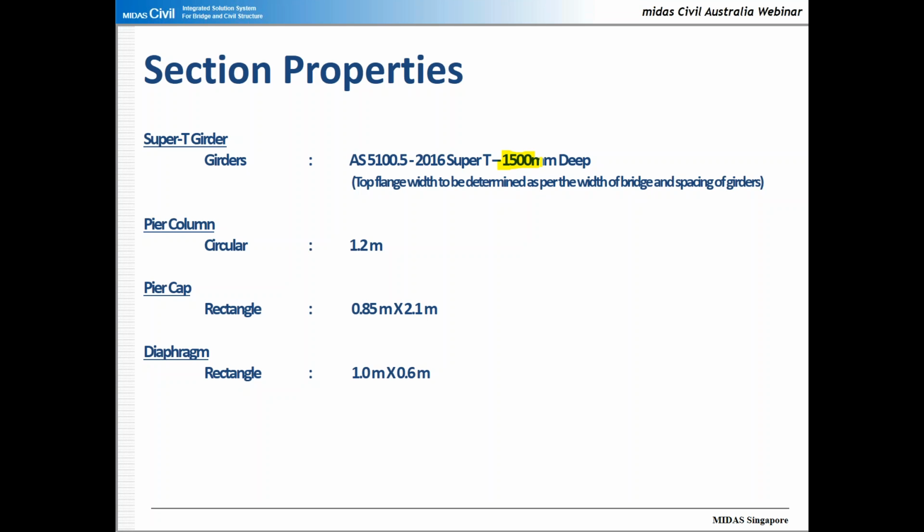In today's example, we will be using 1500 mm deep Super T girder, and the pier will be 1.2 meter in diameter, and the details of the pier cap as well as the diaphragm section are also mentioned. Pier cap is commonly known as headstock. So the section properties of headstock as well as diaphragm are also mentioned.